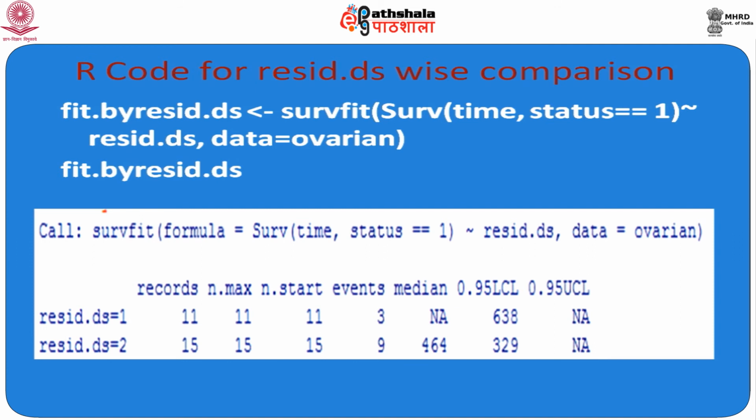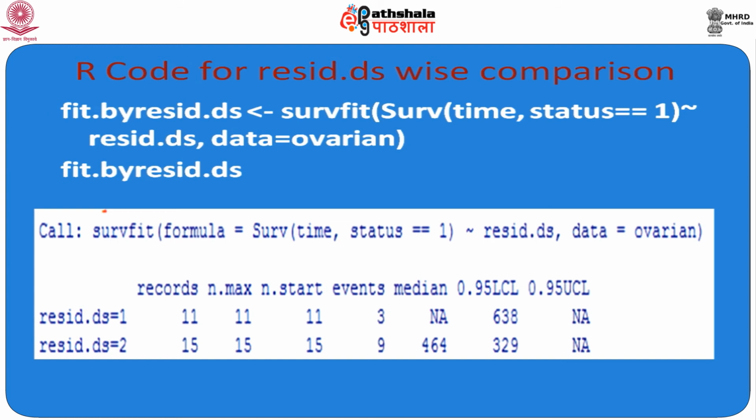Here in both cases, for residual 1 and residual 2, we are getting the maximum number of patients, and for residual 1, 3 events happened, 3 deaths occurred, and for residual 2, 9 events occurred, and the 95% confidence interval was found with 638 for the lower bound for DS1, and for DS2 it's found with 329.